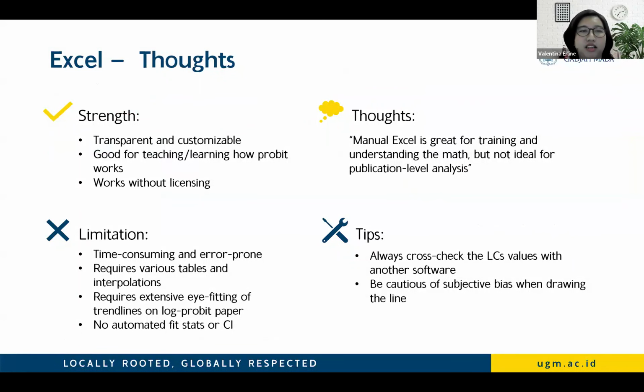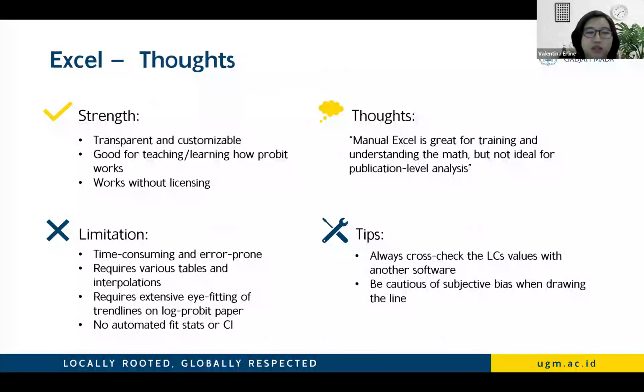So for me, Excel is transparent because you can see all the steps to generate the values, and it's good for teaching or learning how Probit works. It's usually free because it comes bundled with your laptop, but it's really time consuming and error prone.